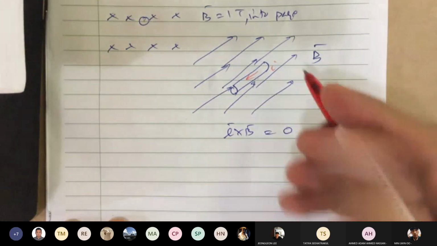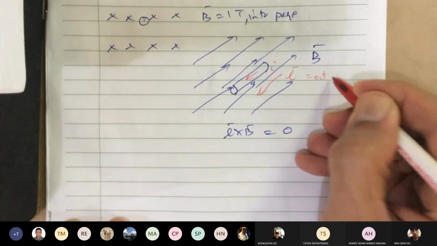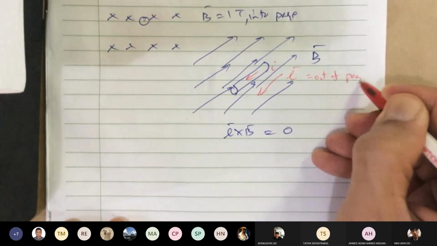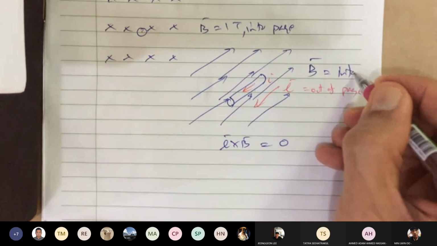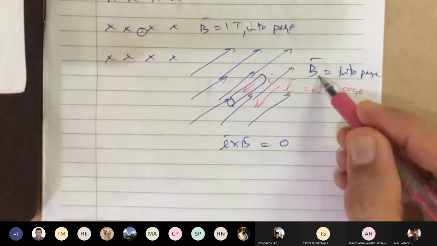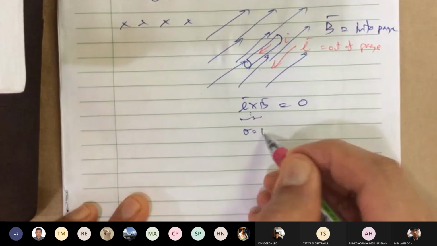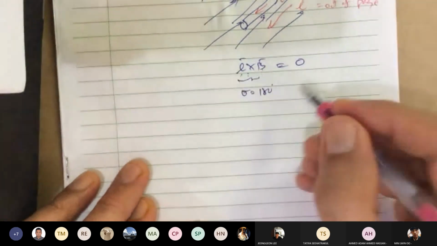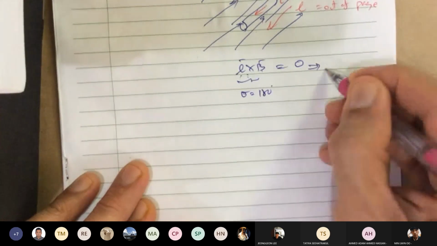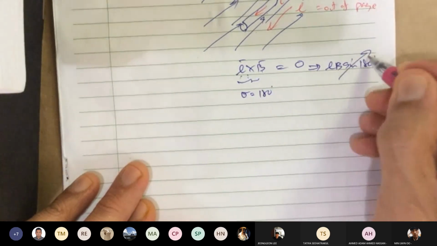Because your vector L is going to point out of page, while B is into page. So the angle between L and B is 180, right? L cross B is equal to LB sine of 180. This is 0.